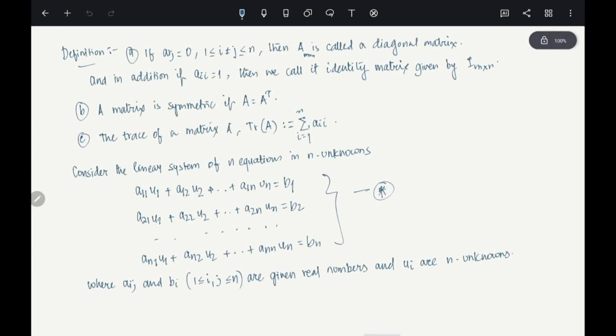Now for this system, if we put it together, we can write it like this.